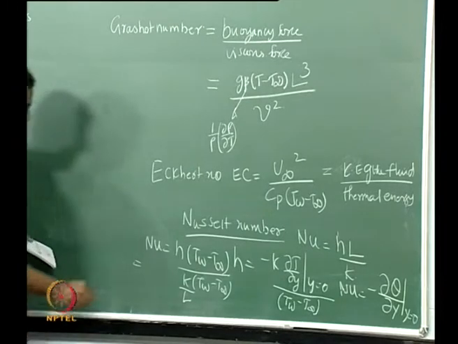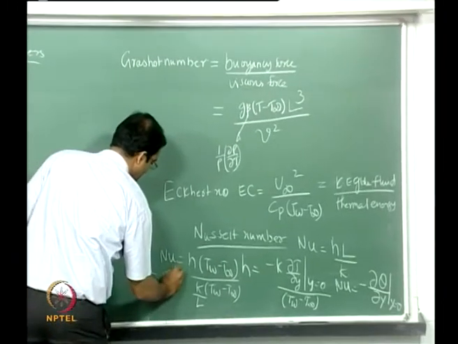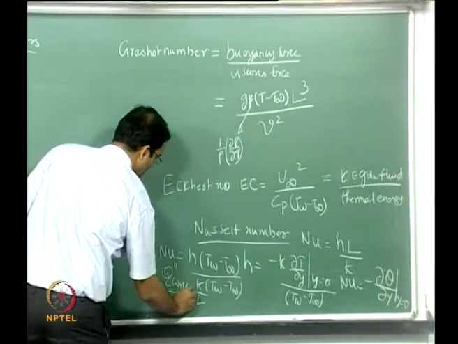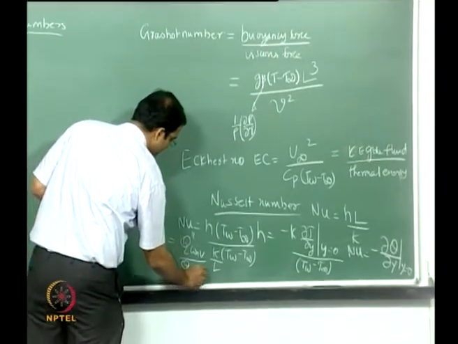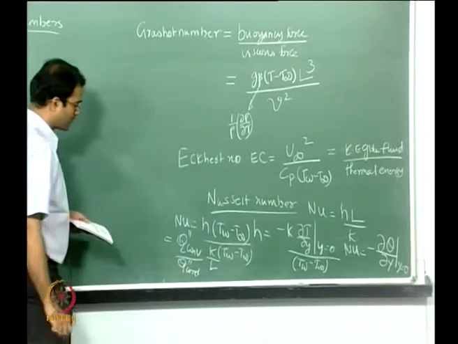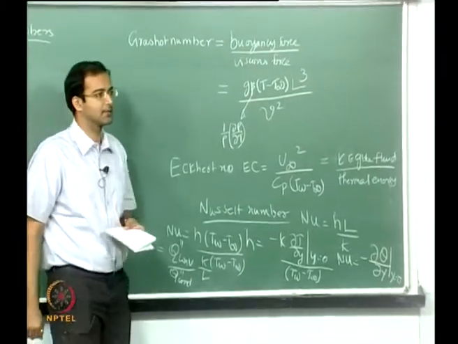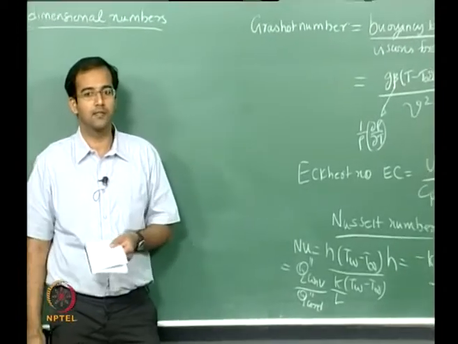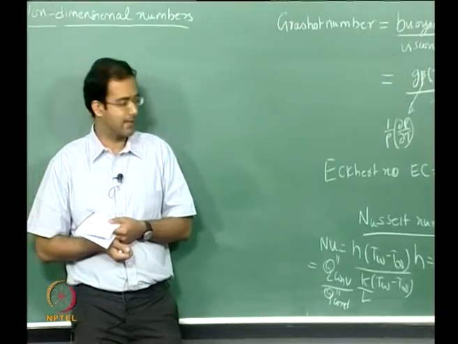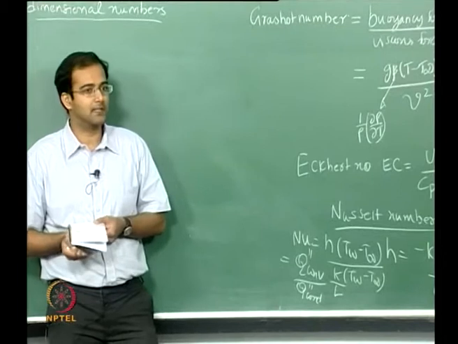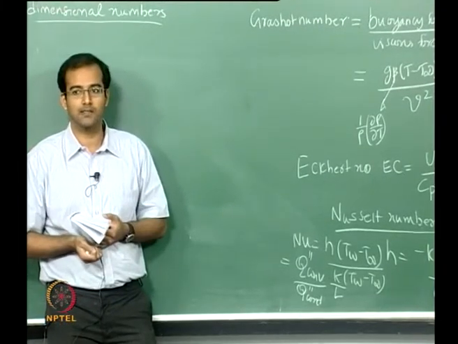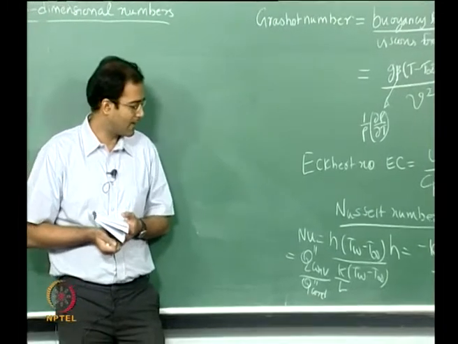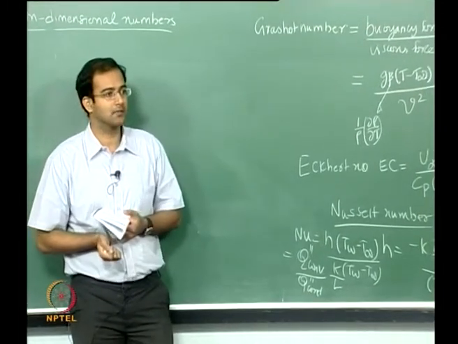This is your convective heat flux by conduction heat flux. So what does this represent? The non-dimensional number tells you the actual contribution of advection over conduction. Convection has a contribution from conduction as well as from advection.